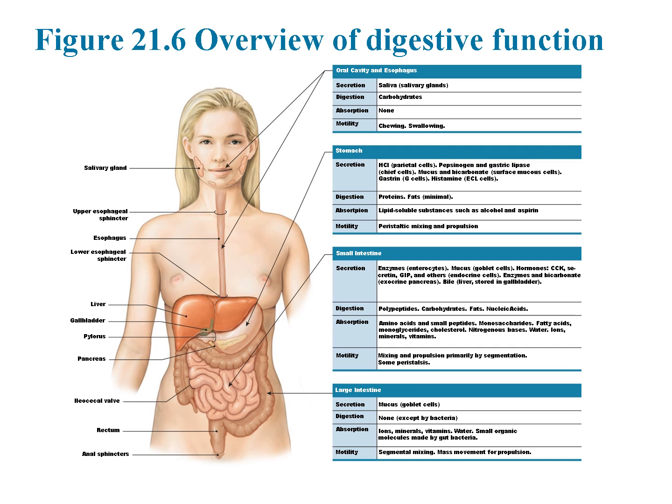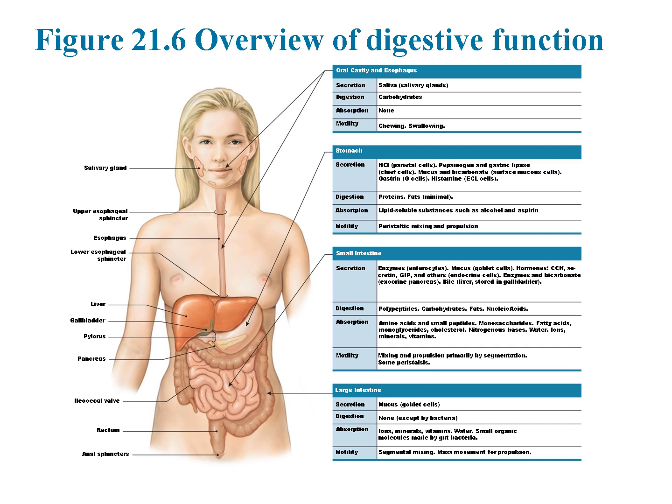The small intestine is the primary site of digestion and nutrient absorption. It secretes enzymes, mucus, and hormones, including cholecystokinin, secretin, and gastric inhibitory peptide. These hormones regulate digestive function by stimulating the release of bicarbonate from the pancreas, bile from the liver, and digestive enzymes from the pancreas.